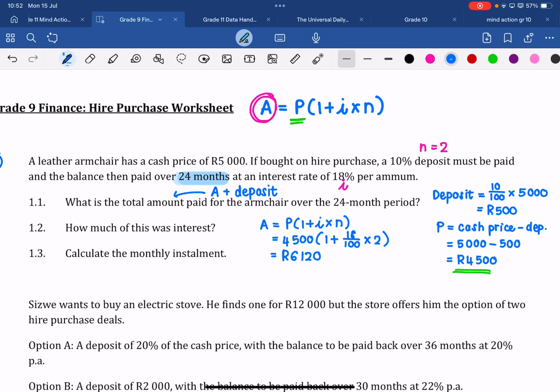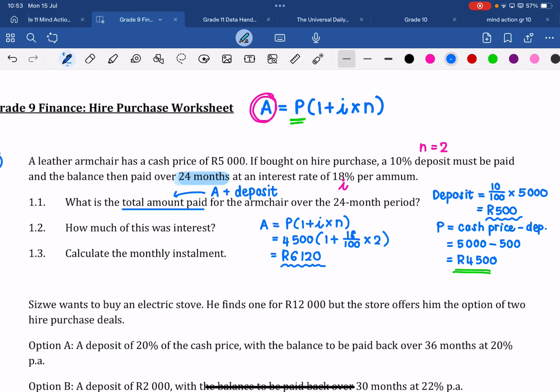Remember, what did they ask in this question? What is the total amount paid? And we know, because we memorized that formula, yes, that is A plus the deposit. Guys, here is A, and here is my deposit.